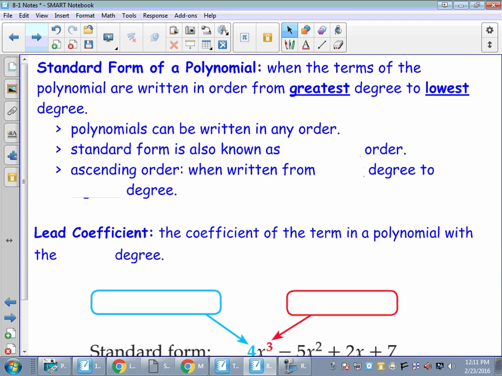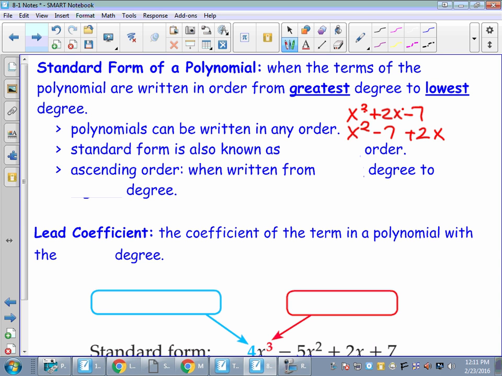You're allowed to write polynomials in any order. Okay, so if I had x squared plus 2x minus 7, that would be in standard form because it went from the greatest degree 2 down to 1 down to none. But technically, this is the same polynomial.